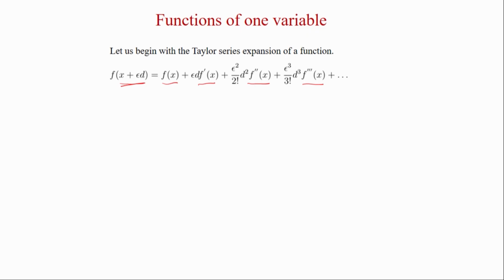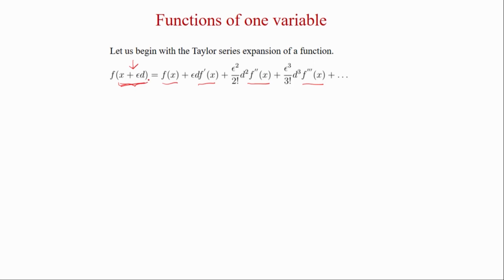But what is the beauty of this particular equation? It is the following. You can know information about this function at any point that you want if you know all the information about this function at the point that you are in. You are trying to evaluate this function at x plus epsilon d, which is somewhere else.